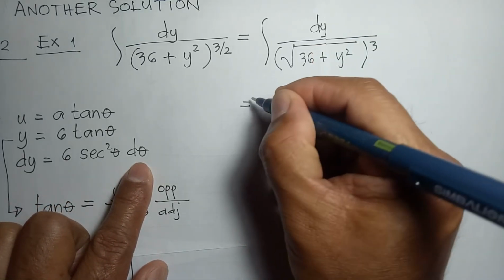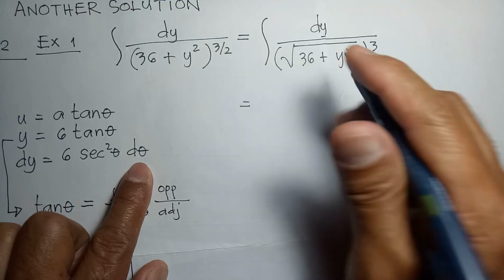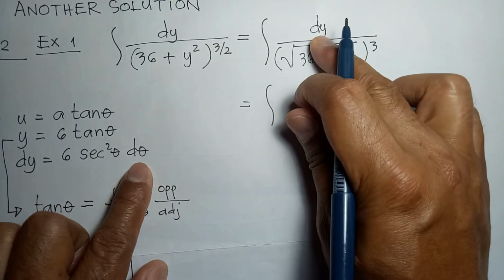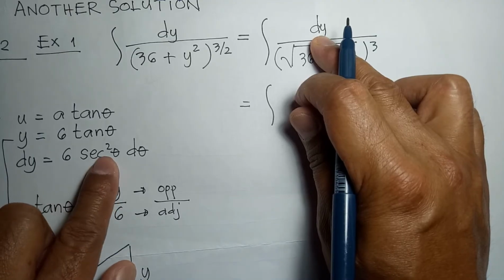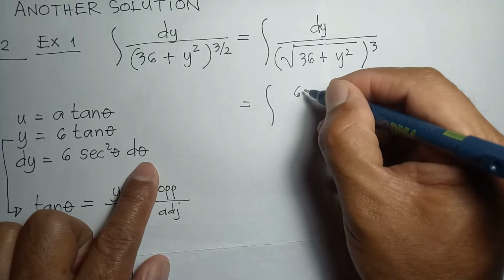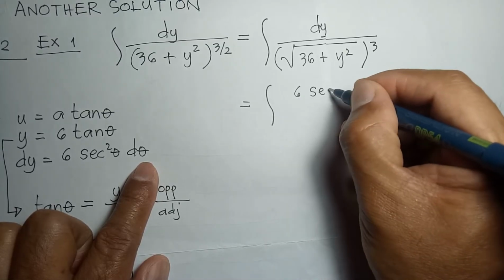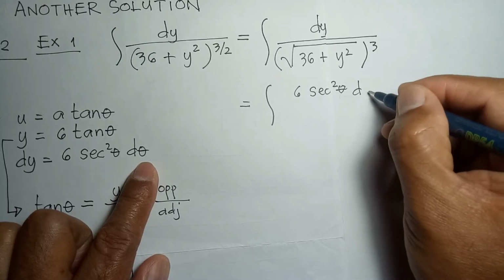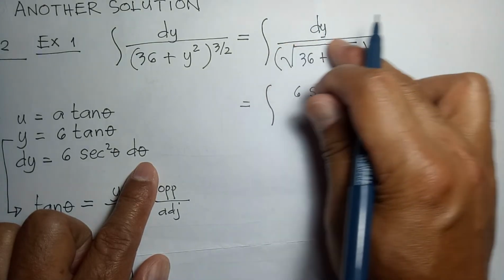So, papalitan natin yun. So, meron tayong integral sign. Ito siya. So, yung dy equals siya sa 6 secant squared theta d theta. Tapos, meron tayong division line.